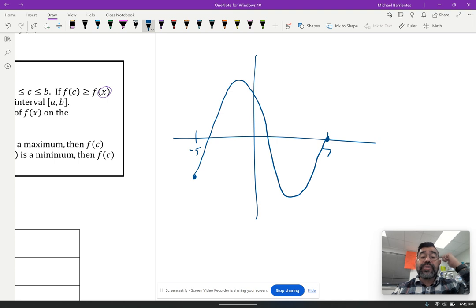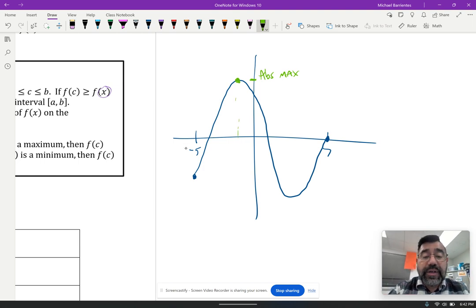So I'm working on a closed interval between -5 and 7. When we talk about the absolute maximum, it would occur here. Whatever this y value is, this would be the absolute maximum. It is the highest function value within x equals -5 and x equals 7.